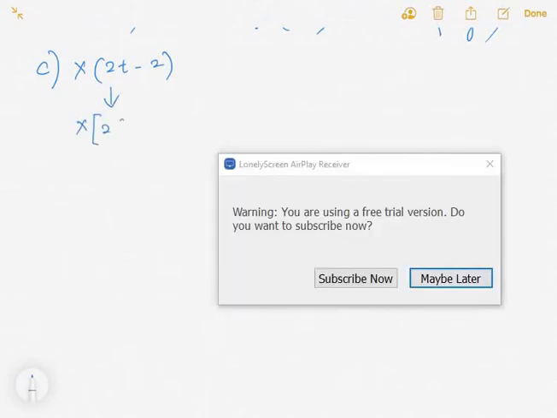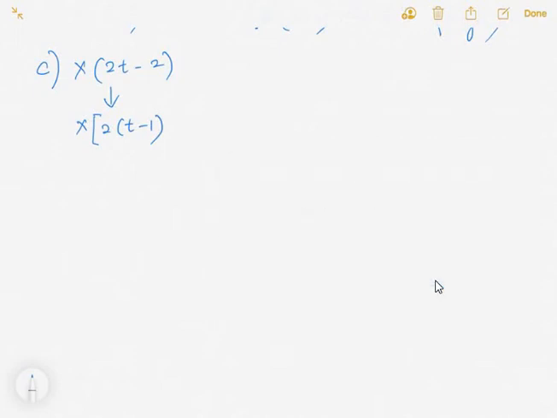Next, shall we look at the next question? x(2t minus 2). If 2t minus 2, we can factor it out into x(2(t minus 1)). So it's a combination of two: one is shifting, another one is scaling, time shifting and time scaling.